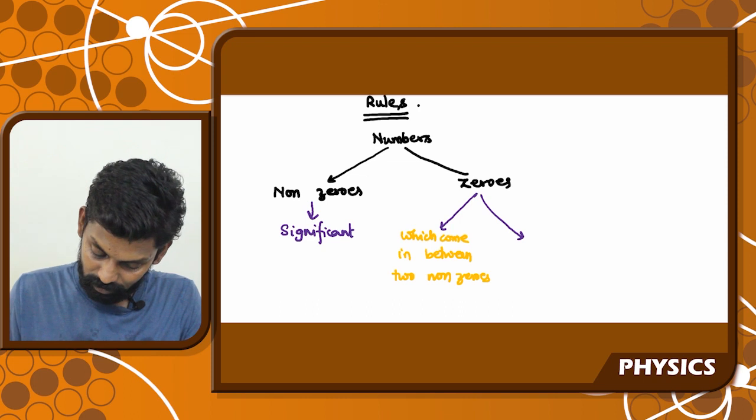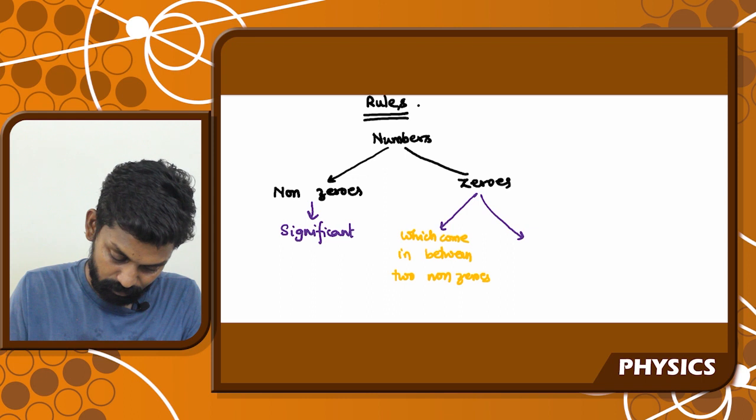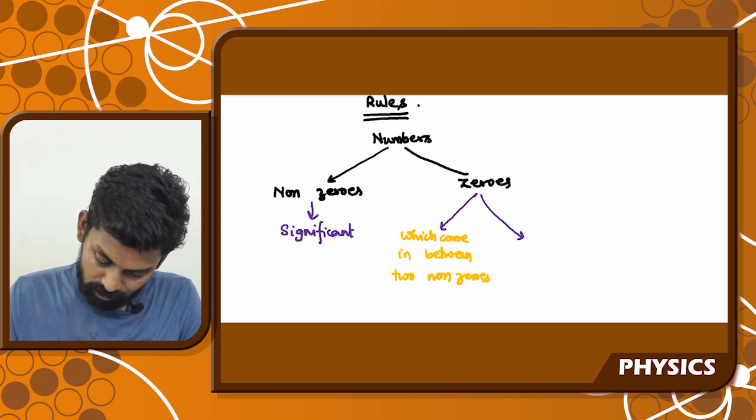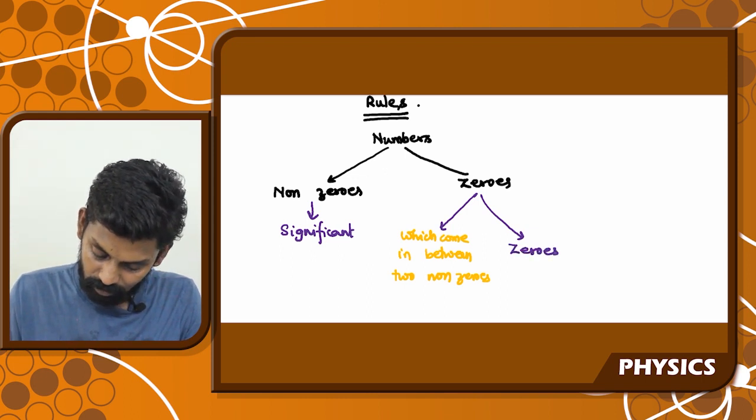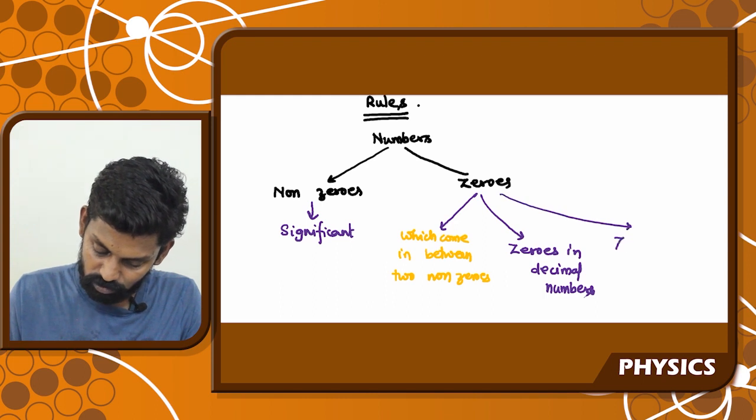Second one, zeros in decimal numbers. And another, zeros in integers.